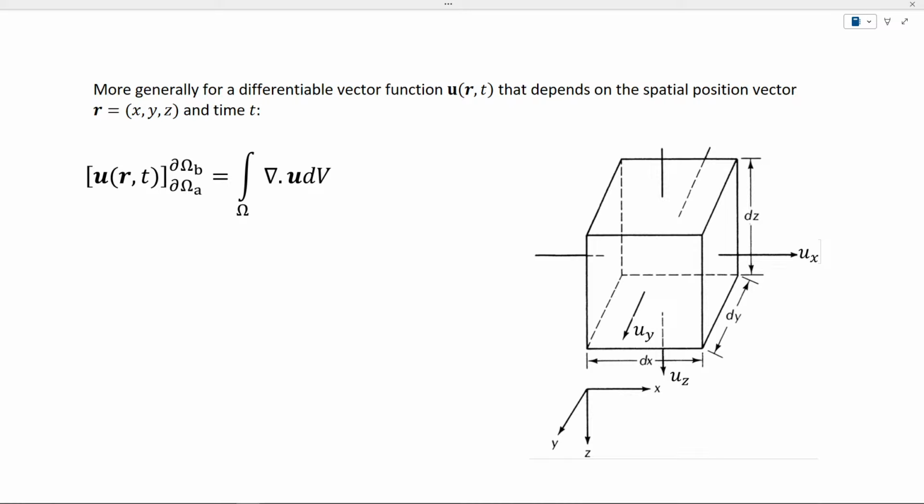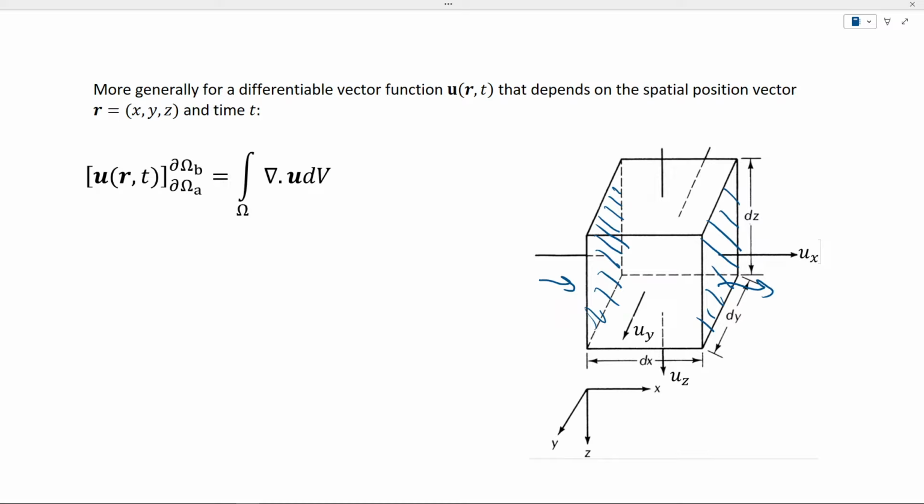This omega A to omega B basically tells you what is happening at this surface and what's happening at this surface, for example from surface A to surface B. What this equation is telling you is that what is changing at your surface is equal to what is changing inside your representative volume. What is happening at the boundary is equal to what is changing inside.